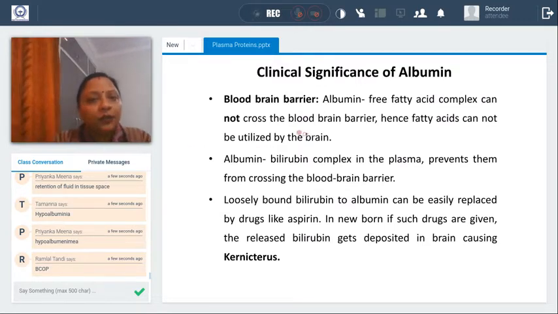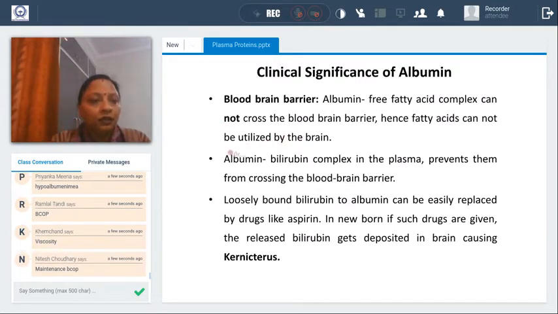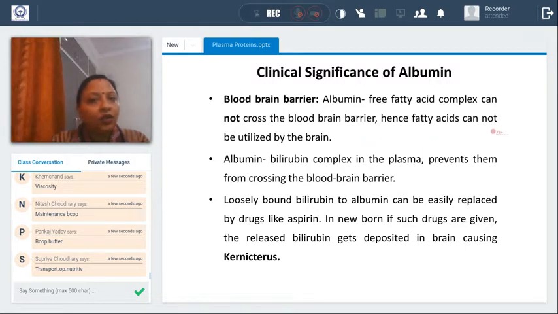What is the clinical significance of albumin? You all know this is an important plasma protein. Blood-brain barrier: the albumin-free fatty acid complex cannot cross the blood-brain barrier, that is BBB. Hence, fatty acids cannot be utilized by the brain. Likewise, the albumin-bilirubin complex in the plasma prevents bilirubin from crossing the BBB.